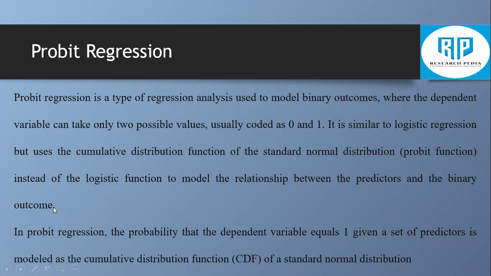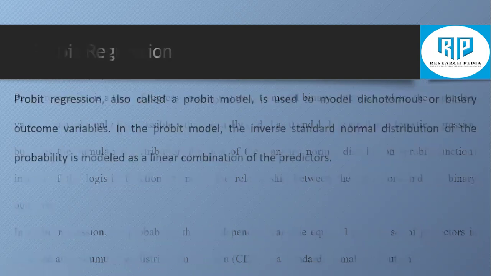So in Probit regression, the probability that the dependent variable equals 1, given a set of predictors, is modeled as the cumulative distribution function of a standard normal distribution.